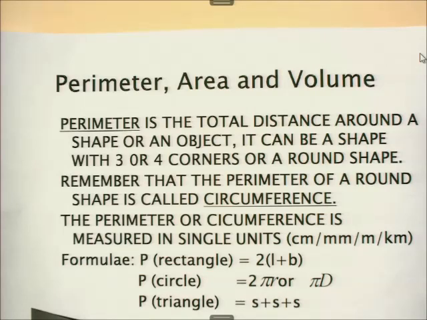It can be a shape of a 3 or 4 cornered object. Remember that the perimeter of a round shape is called the circumference. What we need to know again is, if we calculate perimeter or circumference, we will end up with single units.